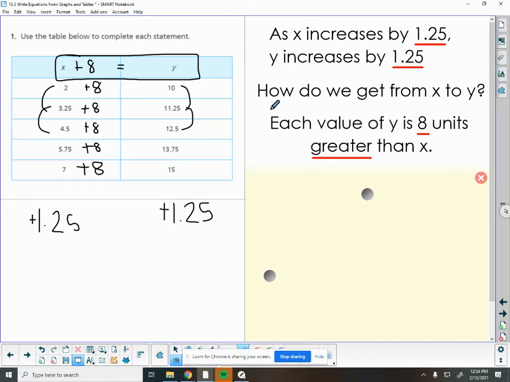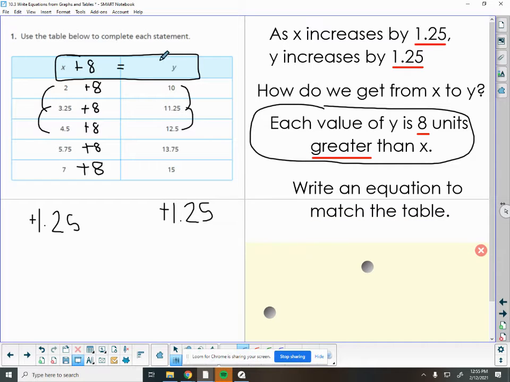Each value of Y is 8 units bigger than X, so we have to add on 8 to X. This sounds a little backwards, but if we think about it, Y is 8 more than X. We have to take X, add on 8 more, equals Y. So X is 8 units smaller than Y. Y is 8 units bigger.